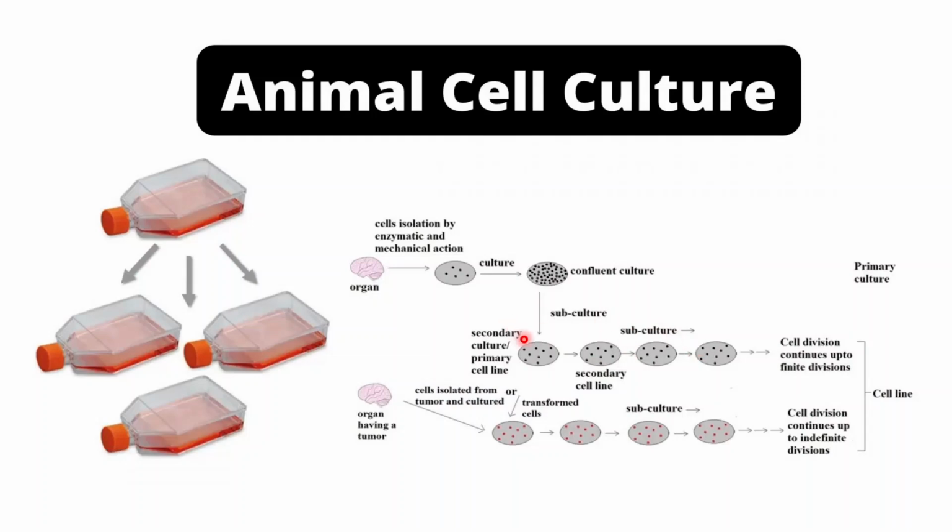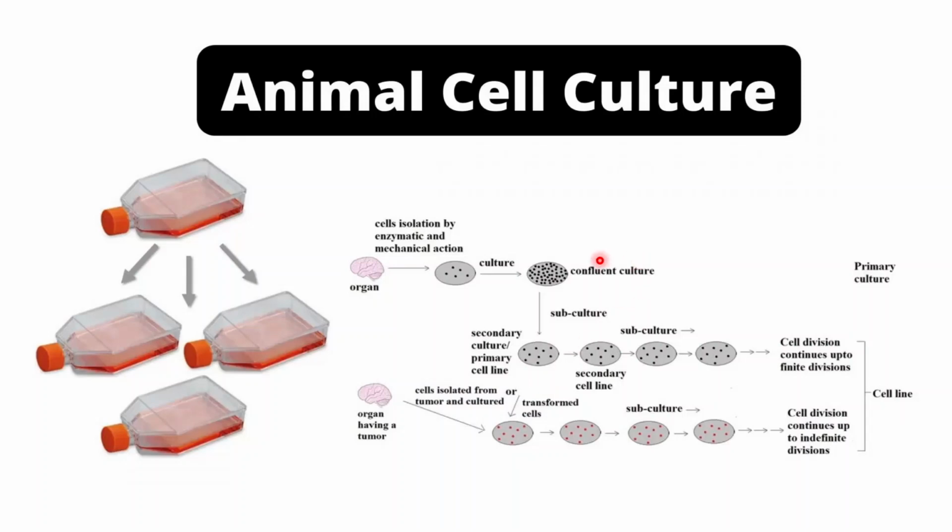As the cells keep dividing and covering the entire surface of the plate, we need to subculture them, because cells will only proliferate properly when they are in the log phase of their growth, that is, the exponential phase of their growth.